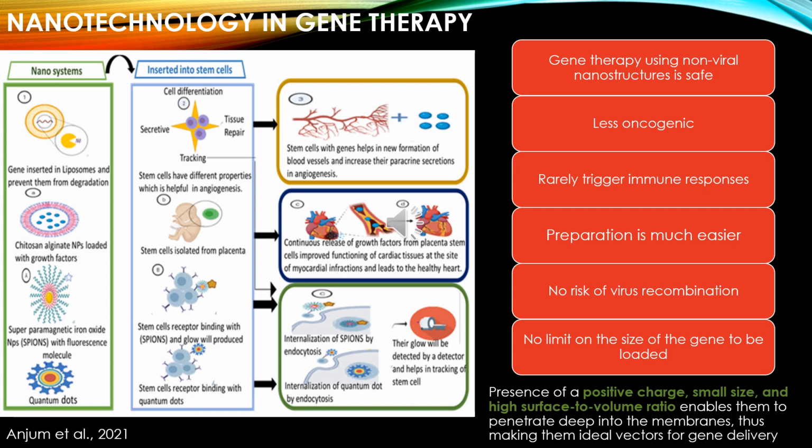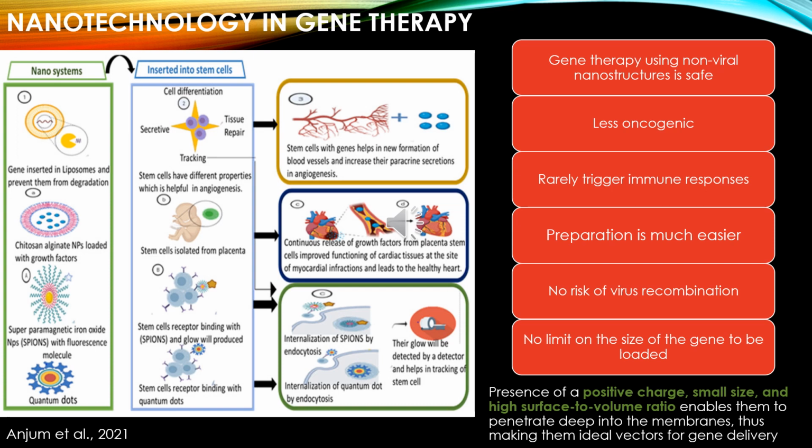These hold a number of growth factors that are slowly released at the target site, helping in the formation of new cells. With the help of these growth factors, they can treat the myocardial infarction and lead to a healthy heart.